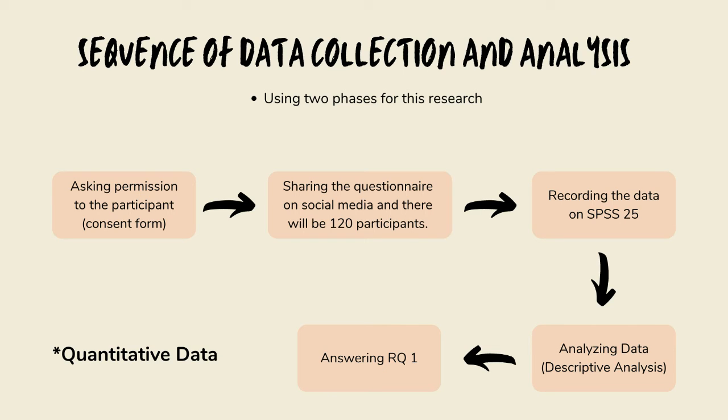So, in the quantitative data phase, the first thing that I should do is ask permission from the participants through an informed consent form that will be provided in the questionnaire, and then I will share the questionnaire on social media, and I need 120 participants to participate in the study.